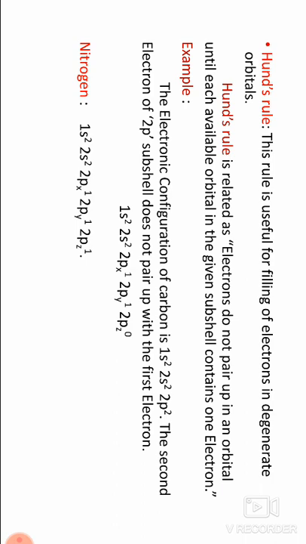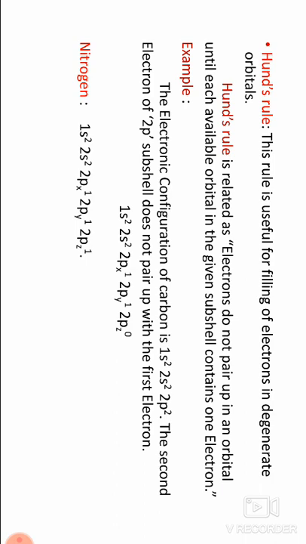The predicted configuration of chromium is 1s2, 2s2, 2p6, 3s2, 3p6, 4s2, 3d4, or Argon 4s2, 3d4. As per Hund's principle, chromium atom gains extra stability by having its d subshell half-filled.